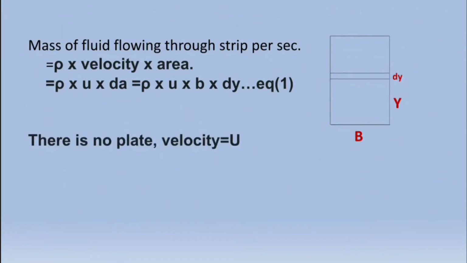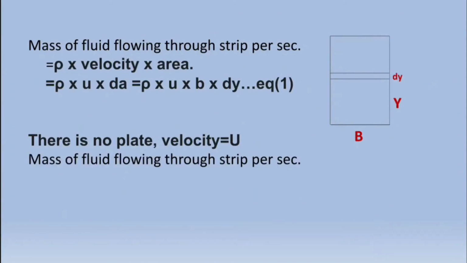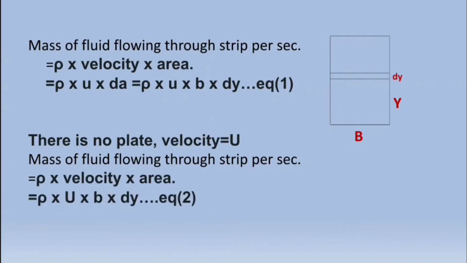This is the mass flowing per second through the strip, equation 1. Now consider there is no plate. The velocity of the fluid is capital U. There is no plate, there is no boundary layer. The fluid flows freely. Mass of fluid flowing through the strip is rho into velocity into area, rho into capital U into b into dy, equation 2. Now the reduction of mass through the strip.